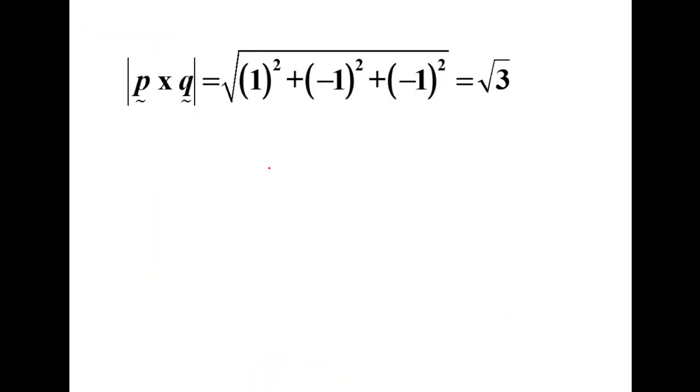Next step, find the modulus of vector P cross vector Q. To find the modulus, square every component, add them and take the square root, and that's root 3.